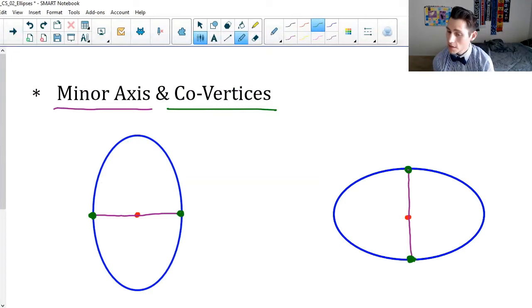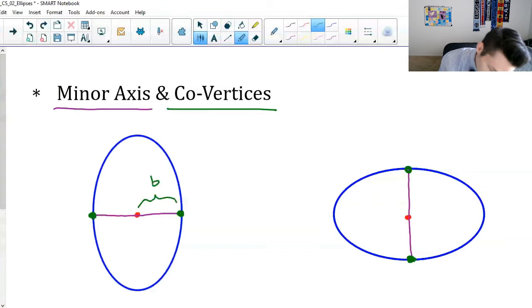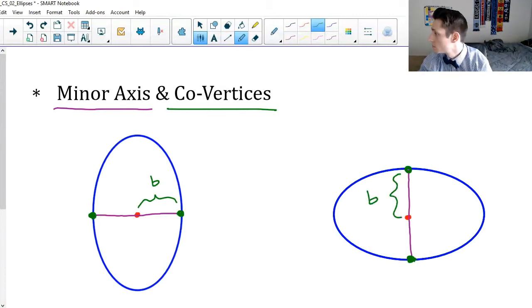And the way that we determine that distance is by looking at B from our equation. All right, so A represents the distance from the center to the larger edge. B represents the distance from the center to the shorter edge. So pretty helpful.